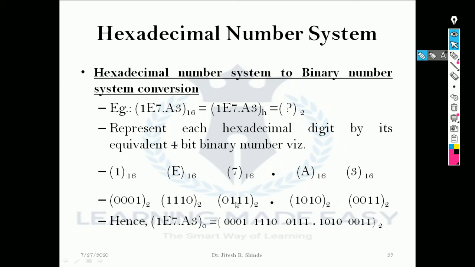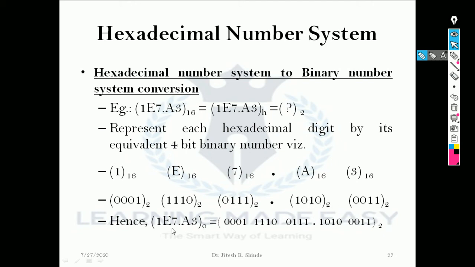Here we are using the logic of the 8421 code. E in decimal is 14, meaning 8 plus 4 is 12, 12 plus 2 is 14, so 1110 has been written here, 1001 here. A means 10, so 1010 has been written here.